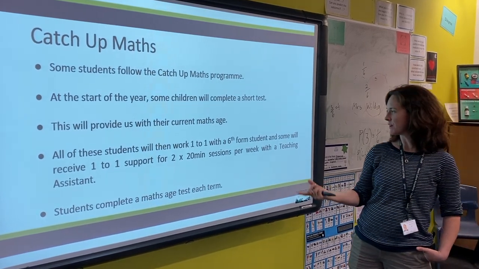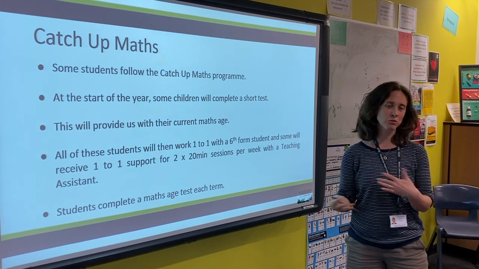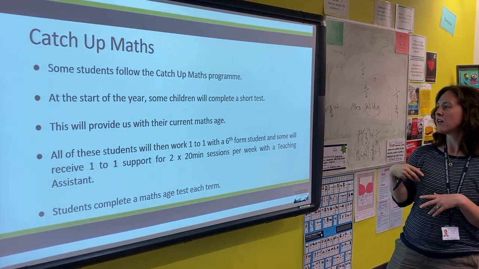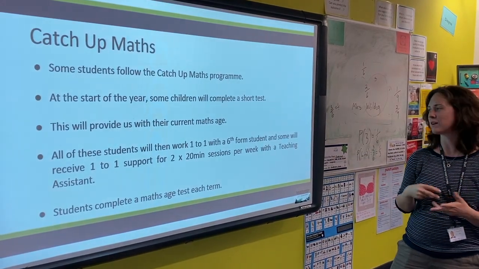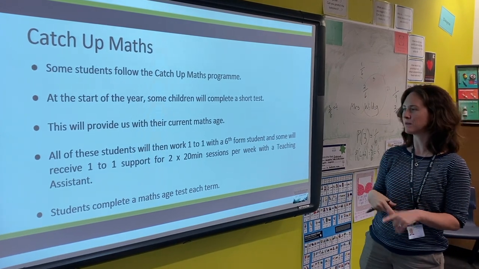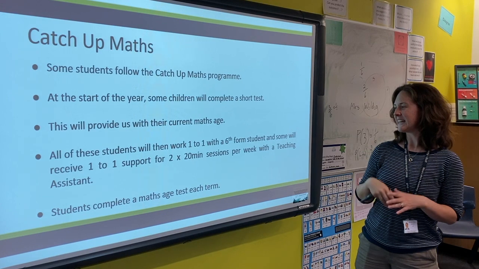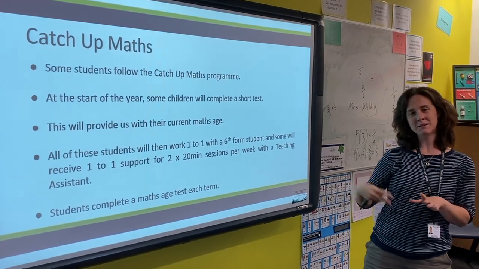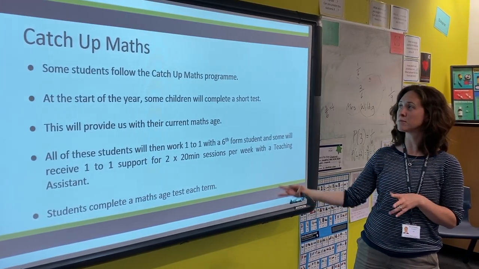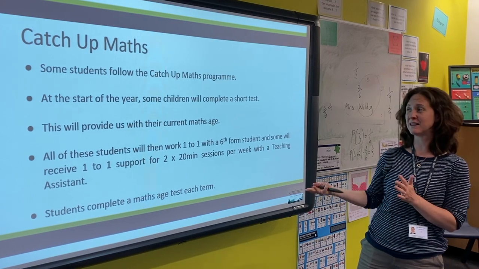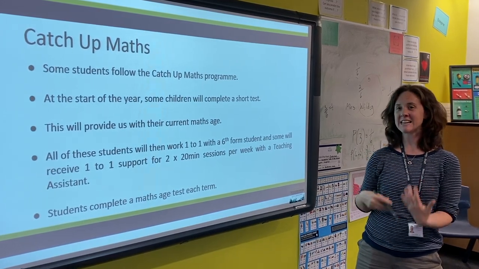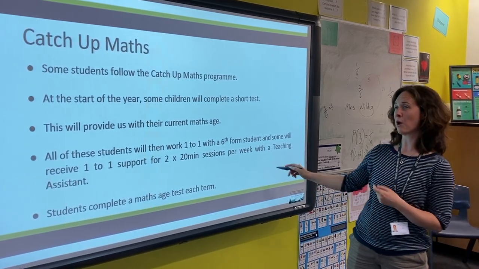They will then be put on a programme with 6th form students, that's one-to-one mentoring, and those that are most suitable will also get 2 20-minute sessions per week with a teaching assistant to go through the maths catch-up programme. At the end of each term, they'll complete a maths age test so we can track their progression on this programme, and it's been really successful previously in catching them up with the rest of the cohort.